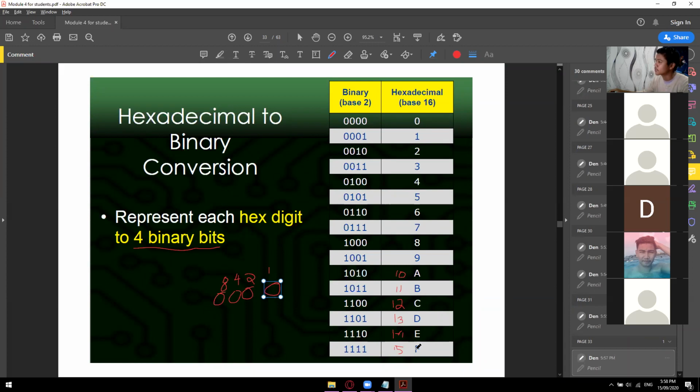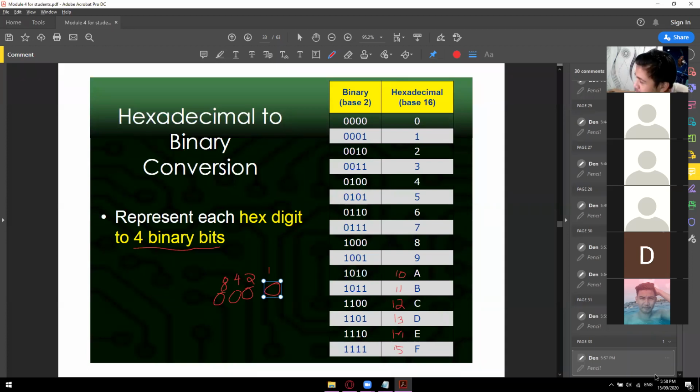But how about in octal? Ilang bit yung kailangan natin? Seven. Diba 7? 0 to 7.